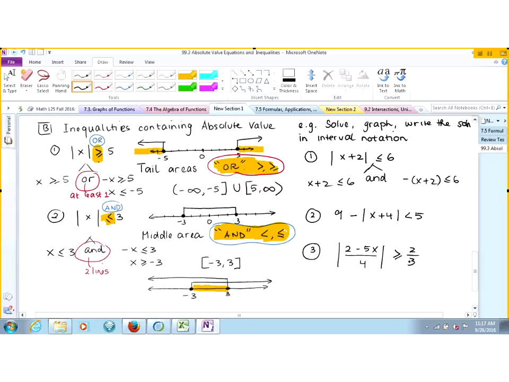All right. Okay, guys. All right. So number 2. Yeah. So you have to divide both sides by -1. So next up, you need to bring your calculator.